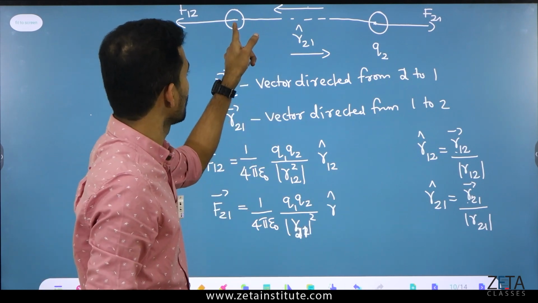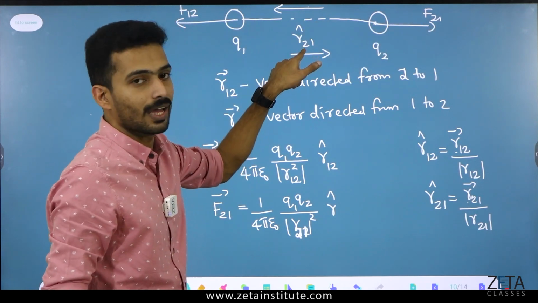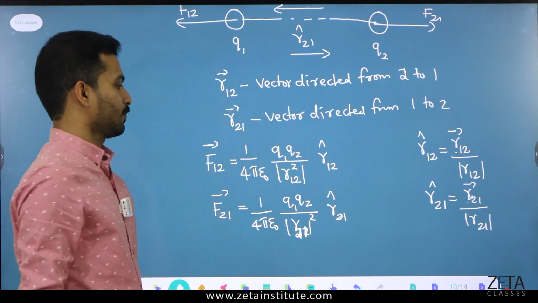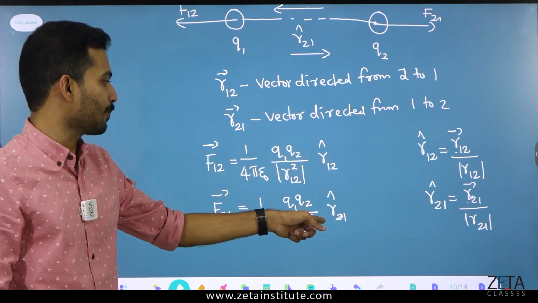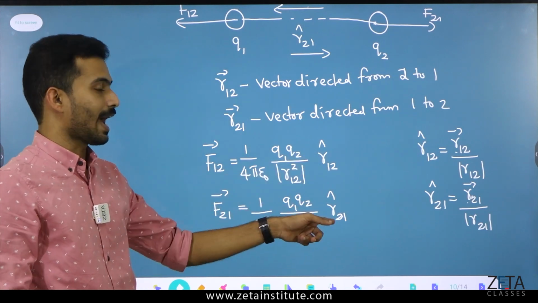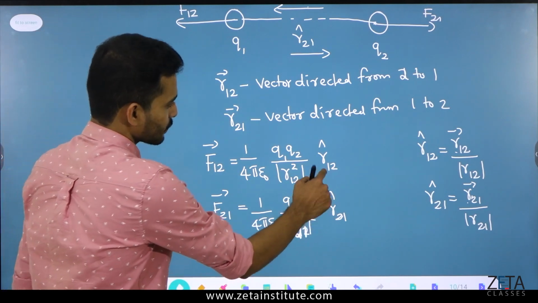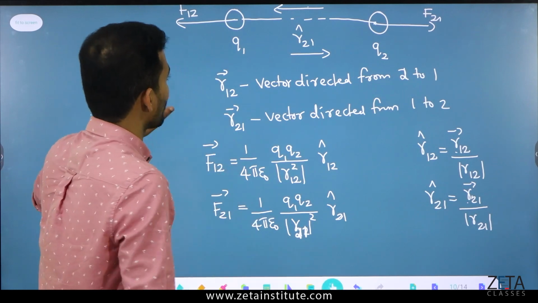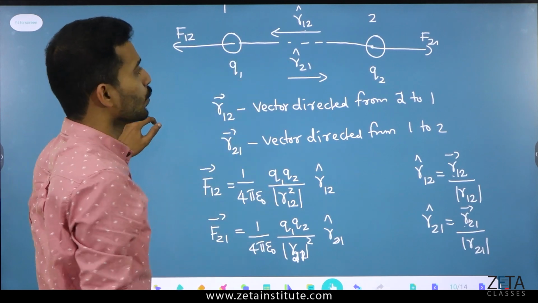It is directed from 1 to 2. So which is the unit vector along 1 to 2? That is R21 cap. So the first force F12 is directed along R12 cap and the second force F21 is directed along R21 cap. These are two unit vectors: one directed from 1 to 2 and the other from 2 to 1.